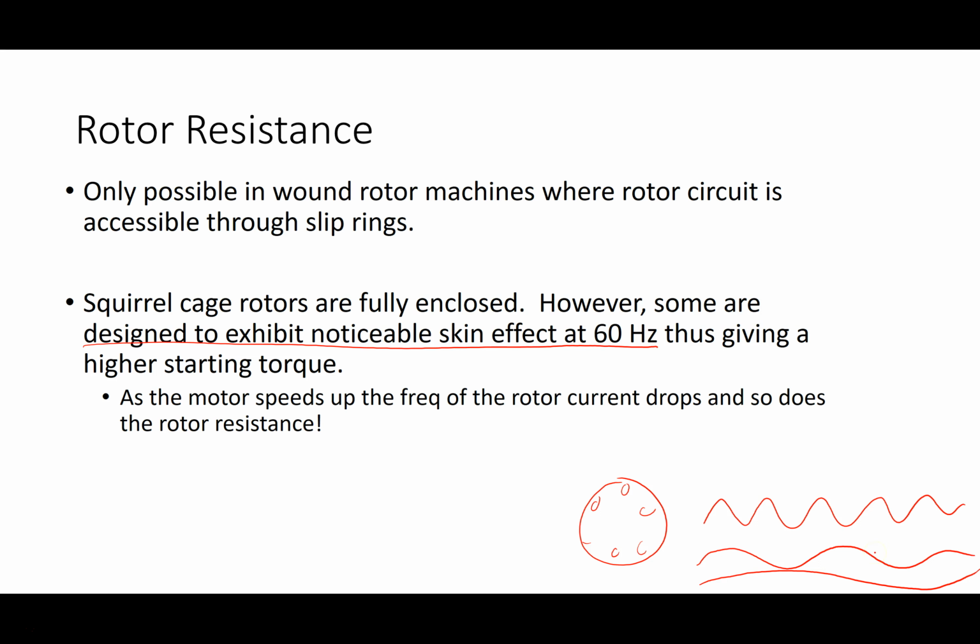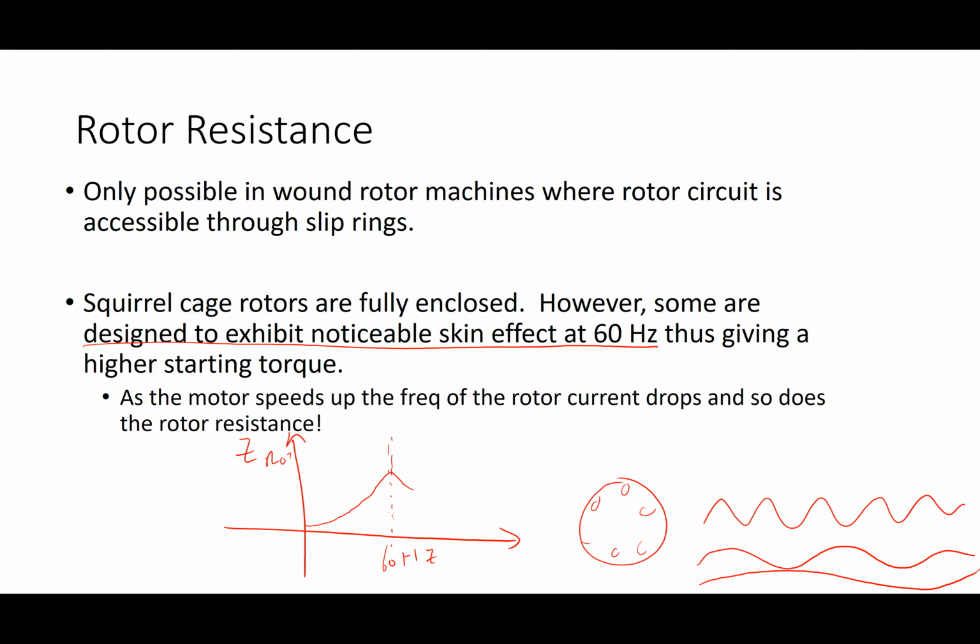So we use a metal which has a resistance which is very low at low frequencies and peaks at about 60 Hertz. So this is Z rotor. At 60 Hertz you have a much larger resistance. Now remember, skin effect means the current flows to the outside of the conductor, which means you have a smaller effective cross-sectional area, so a larger resistance.